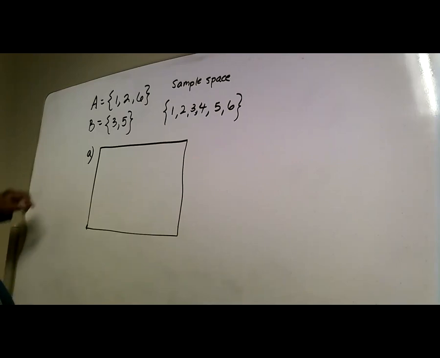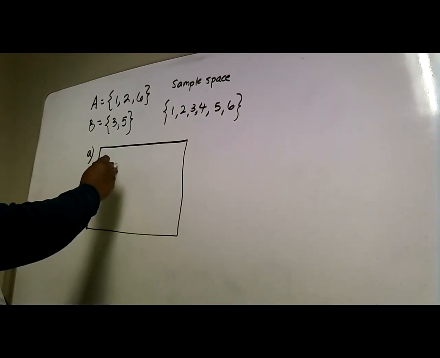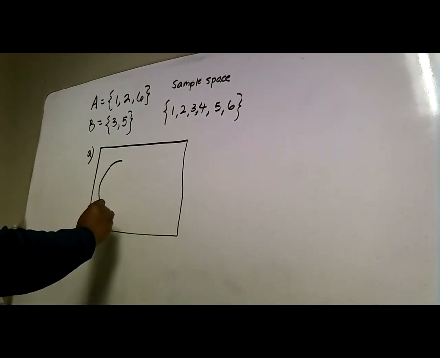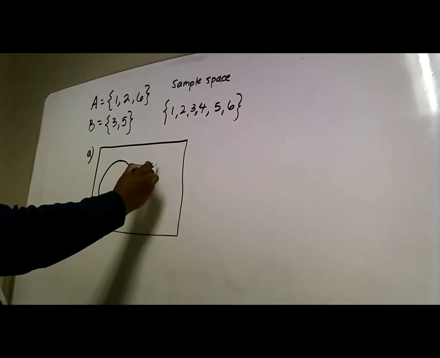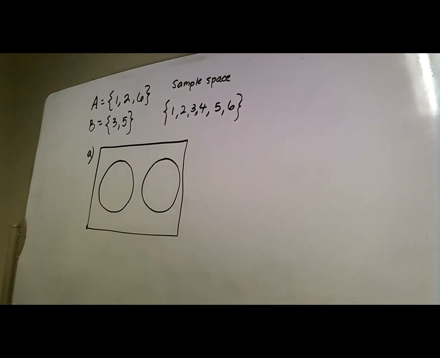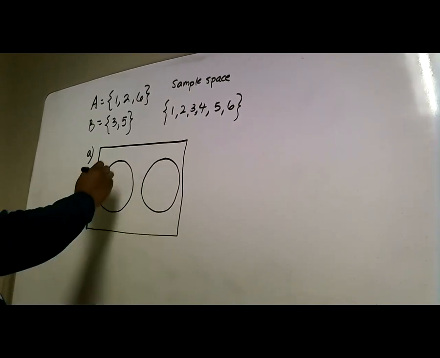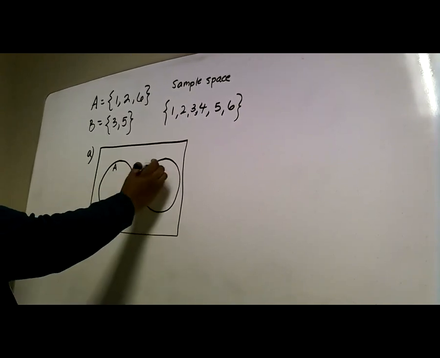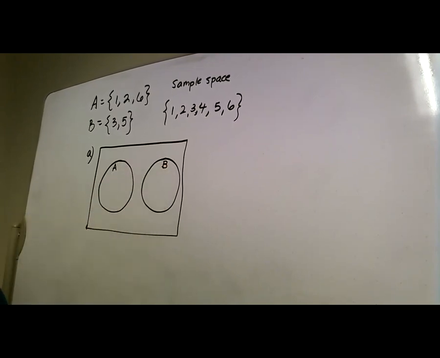But in this case, if I look at A and B, there's nothing in common. There's no number that's in both. So these circles do not join together. I'm gonna let this circle be event A, this circle be event B. And then we just fill in the numbers for A and for B.